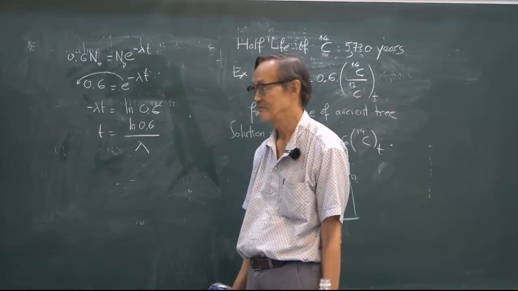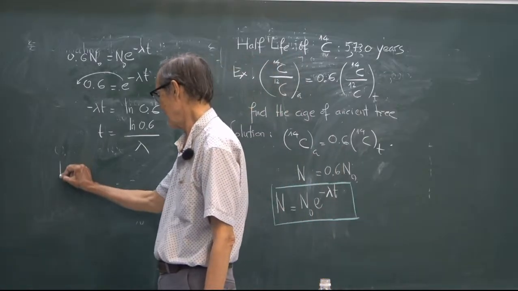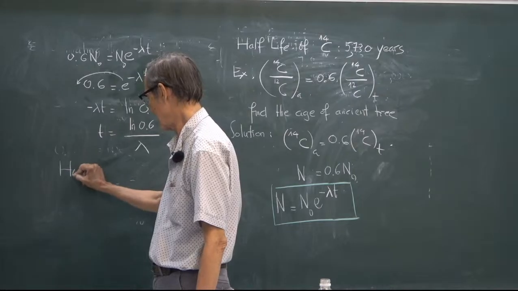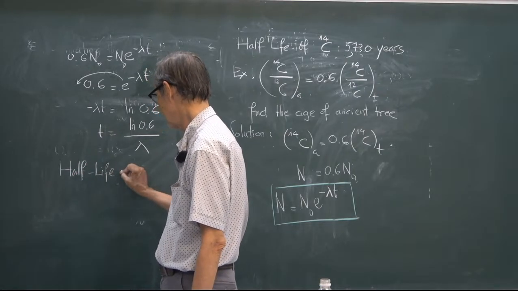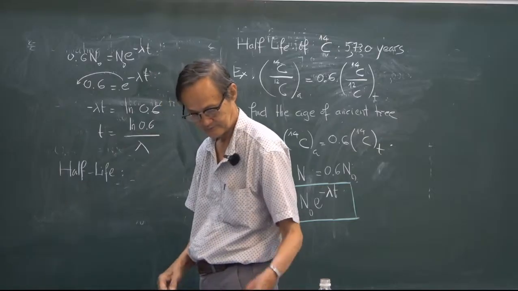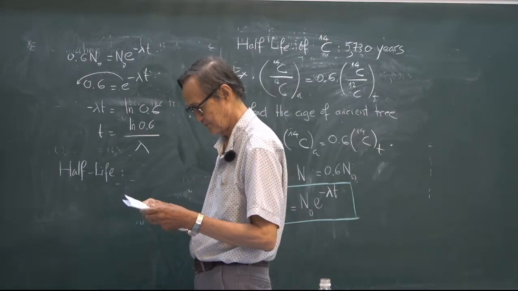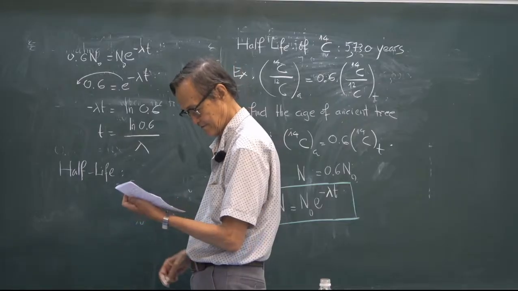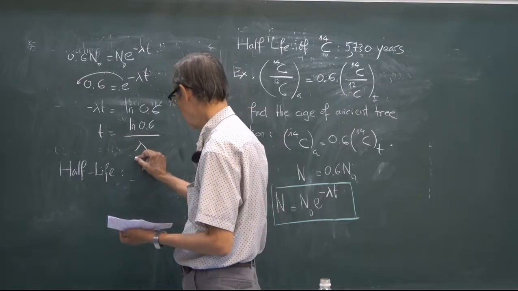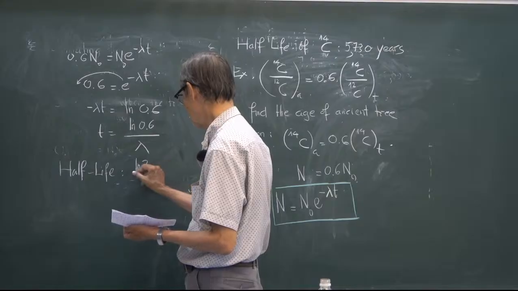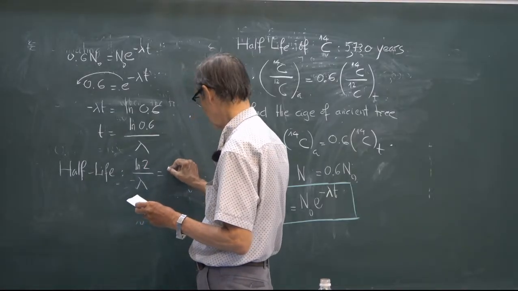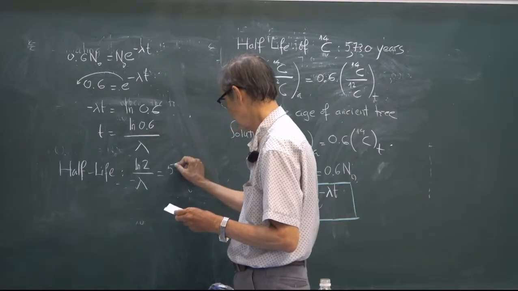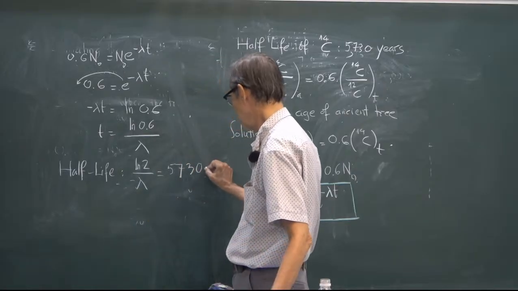Okay, but we have the half-life. The half-life log 2 over lambda equals 5,730 years.